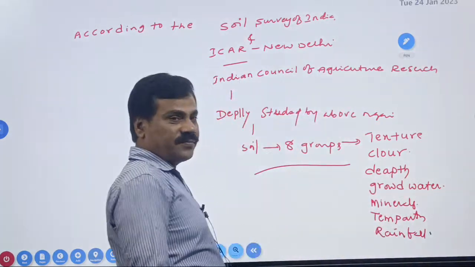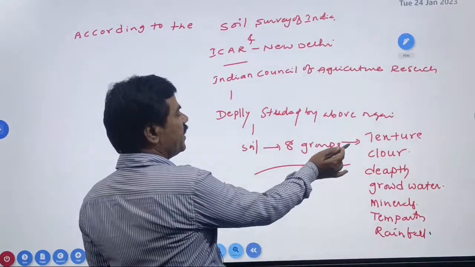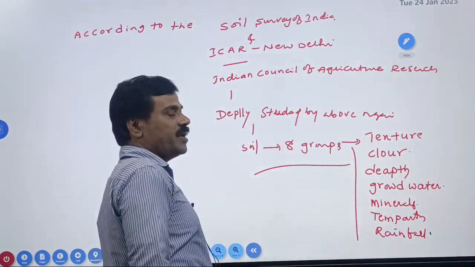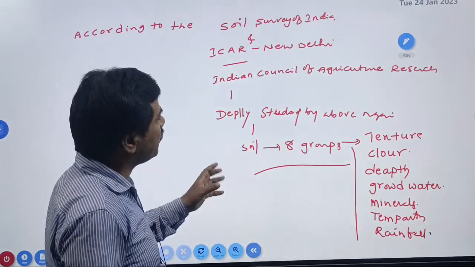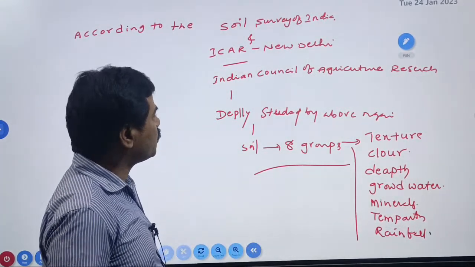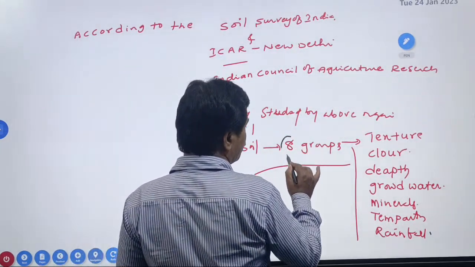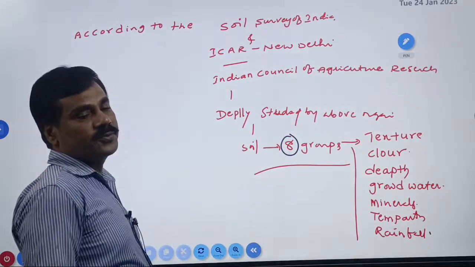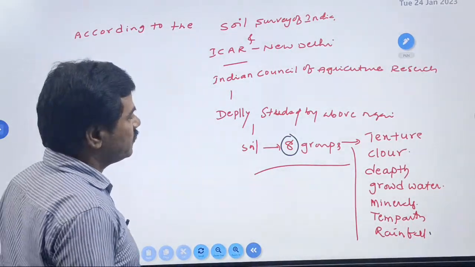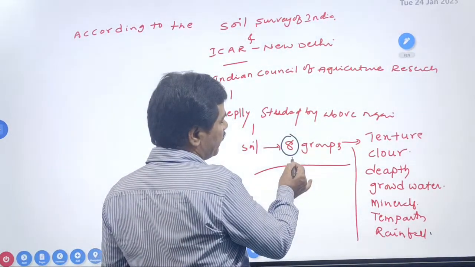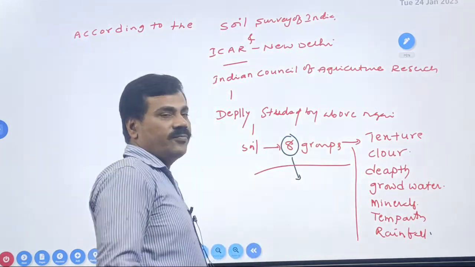On the basis of these factors, Indian soils are deeply studied by the Soil Survey of India and also ICAR, and then broadly divided into 8 groups. These are the 8 groups of soils in India.